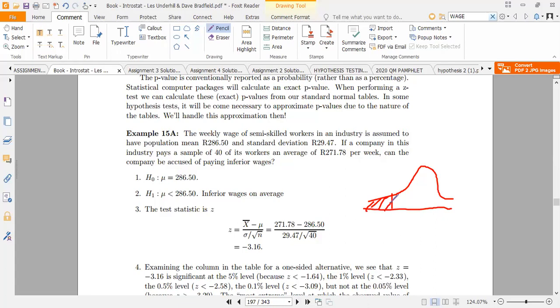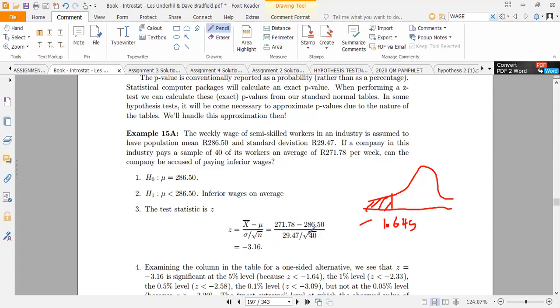So we are, in this case, going to say we are going to reject if our Z calculated is less than negative 1.645 in this direction. So we're using a negative because we're dealing with the negative quadrant.